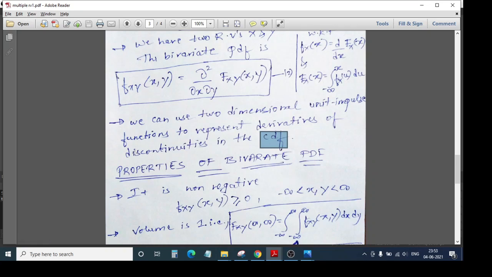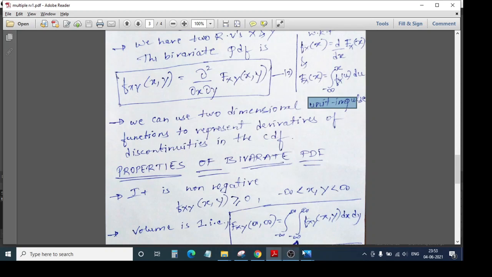For example, there will not be continuity and you will get some discontinuities. If you have discontinuities, then we can use our two-dimensional unit impulse function. If you remember, we have two functions, friends, when we deal with CDF and PDF: one is the unit impulse, another one is the step function. So whenever we have discontinuities in the derivatives of the CDF, using the unit impulse function we can represent those discontinuities. That is what this line means here.